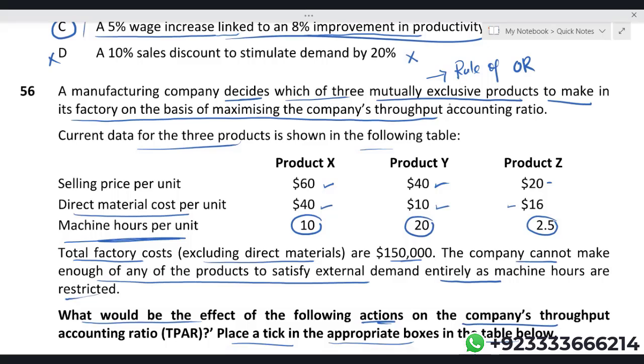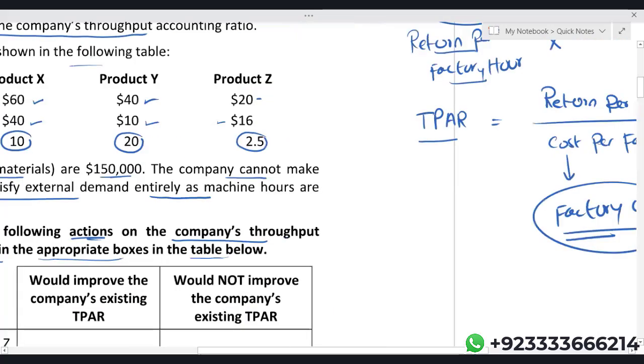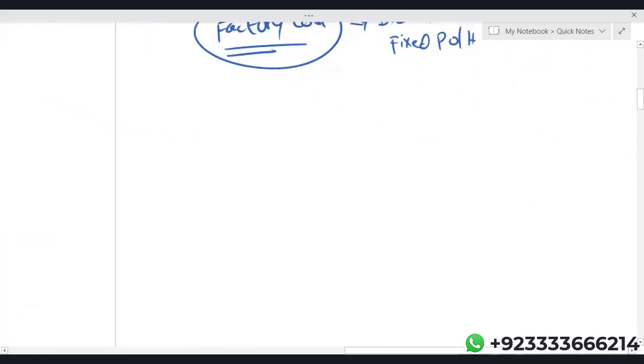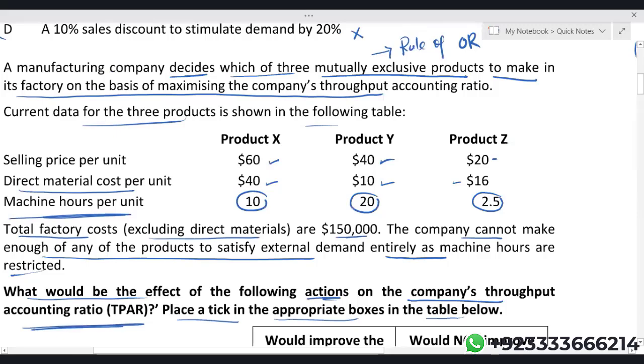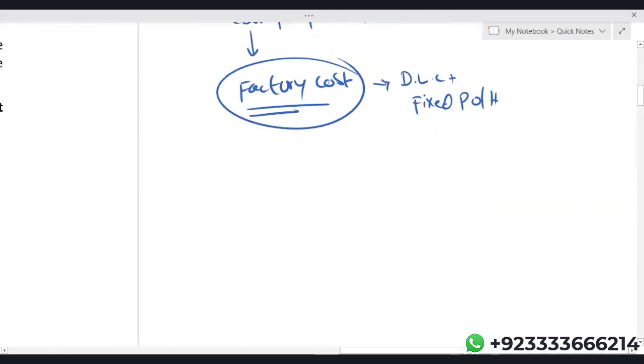Another point: if nothing is mentioned, it means the factory cost will be the same for all 3 products. Then ranking will be done just on the basis of return per factory hour. So let's first check which one is more beneficial without implementing any decisions.